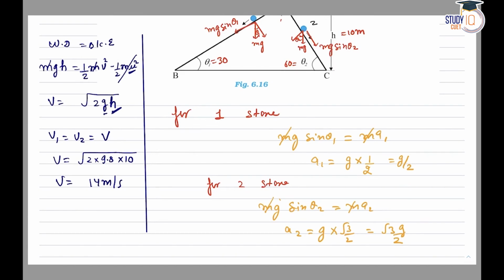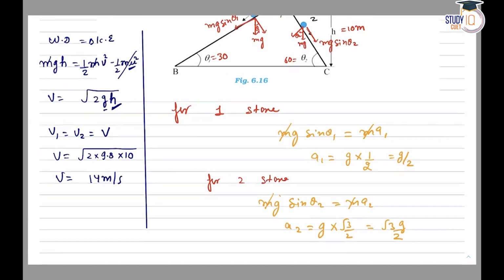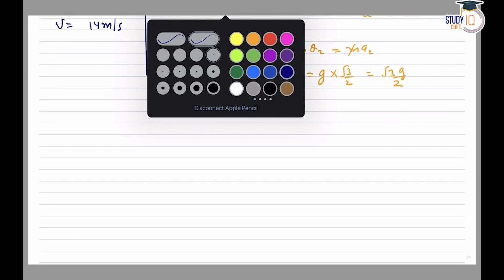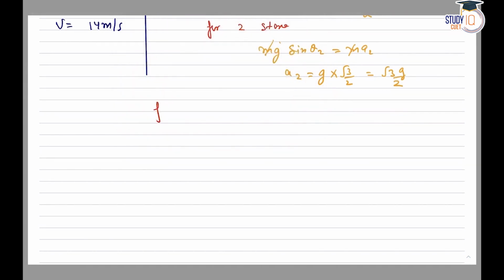Now the second part, the time we are supposed to find out. For the first stone, the time can be found by using the equation of motion along the incline. Along the incline, v equals u plus a into t.